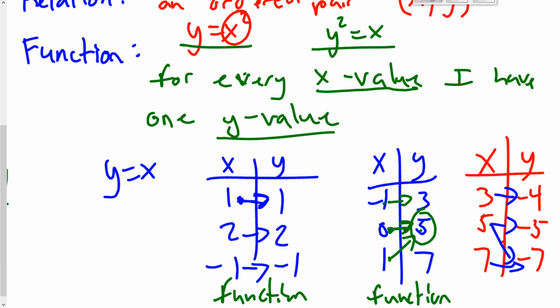So this is not a function because it's okay that 5 went to negative 7 and 7 went to negative 7. That's fine. That's just like this one right here. But because there's two arrows coming out of 5, and they're going to two different places, that means it's not a function because this x doesn't go to one y, it goes to two y's, so it is not a function.